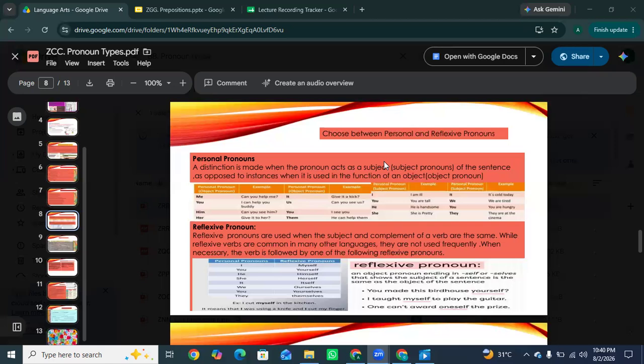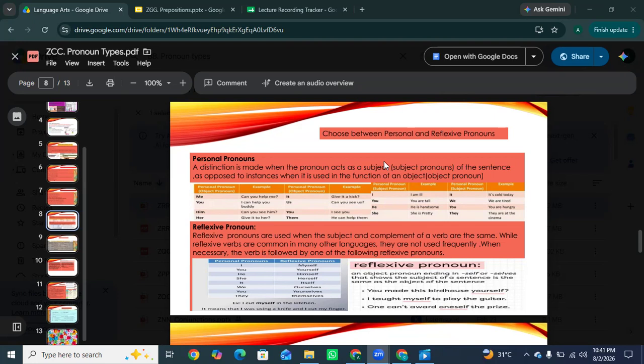Subject pronouns are I, you, he, she, it, we, they. They are used as the main subject of the sentence. For example, I am ill. She is pretty. Okay. And object pronouns are me, you, him, her, it, us, them. Use them when the pronoun receives the action, like, can you help me, please? Give it to her. Okay, they are basically receiving the action.